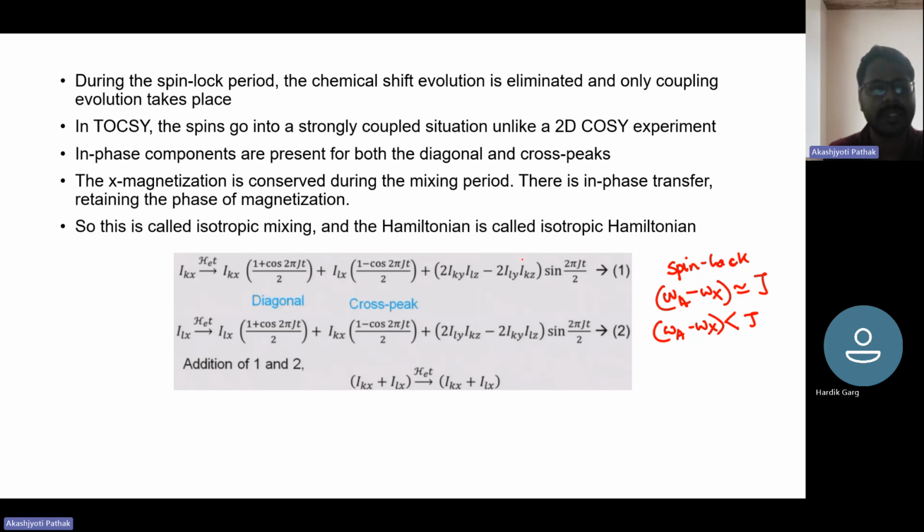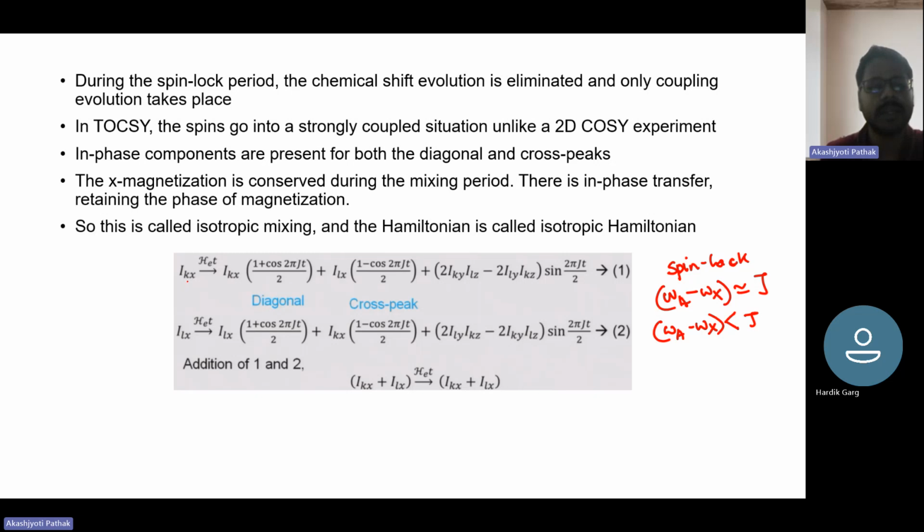What has been written over here is that we have considered the Hamiltonian evolution, or the J coupling evolution, as the total evolution.